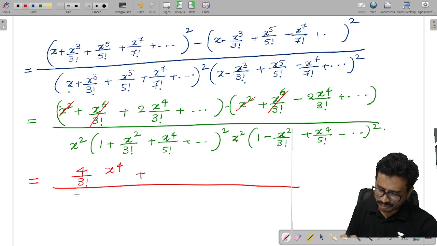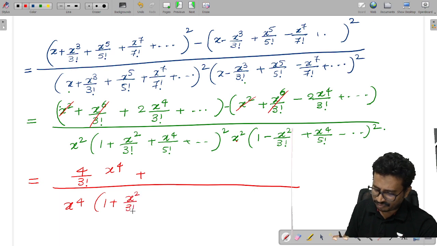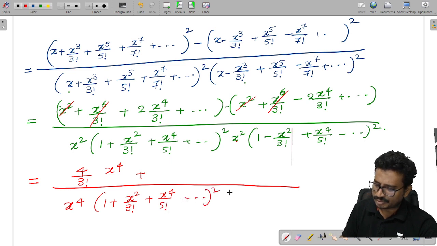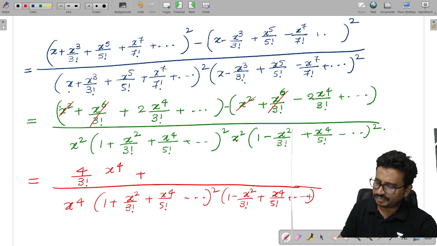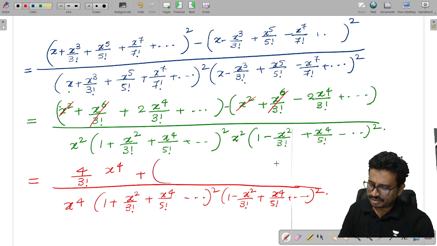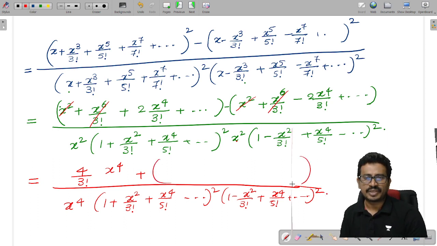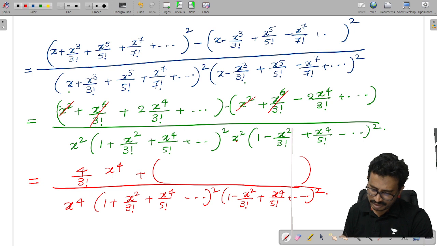And this x square, this is x power 4 into 1 plus x square by 3 factorial plus x power 4 by 5 factorial, like this we have whole square, again 1 minus x square by 3 factorial plus x power 4 by 5 factorial. Like this will continue. If you see this thing, these terms are more than x power 4 and this term will get cancelled.